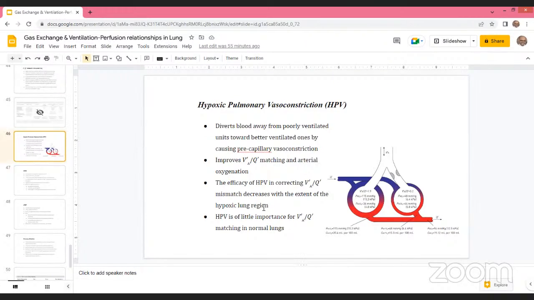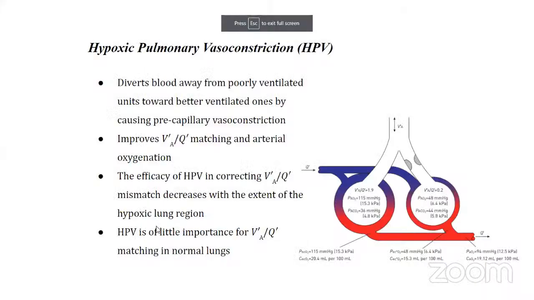Again, here I have mentioned that the efficacy of HPV in correcting VQ mismatch decreases with the extent of the hypoxic lung region. If the extent of the hypoxic lung region is extensive, the efficacy of HPV is very limited. That might be the reason you have seen in COVID patients.